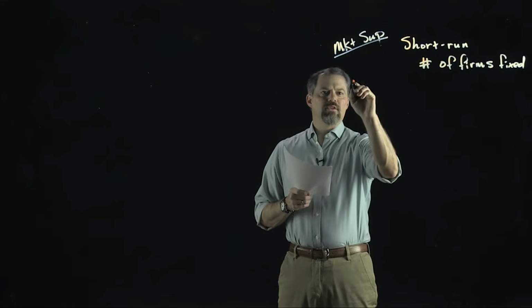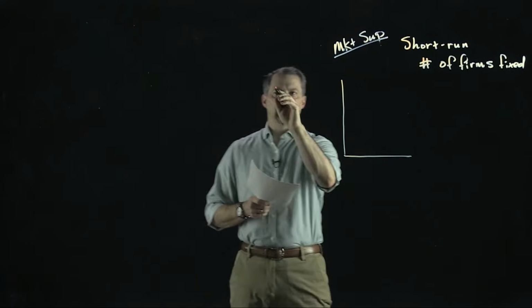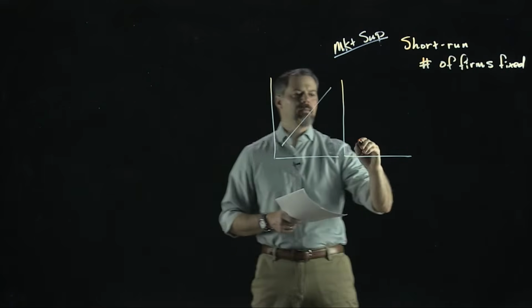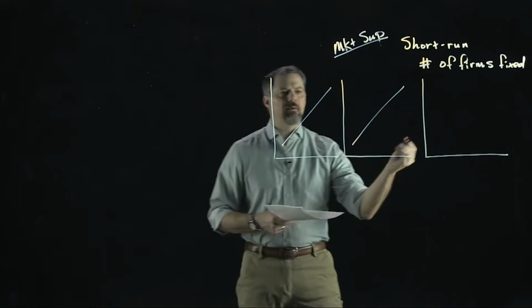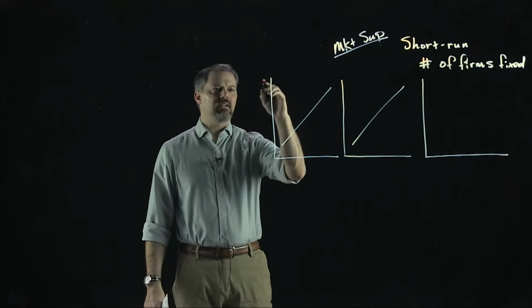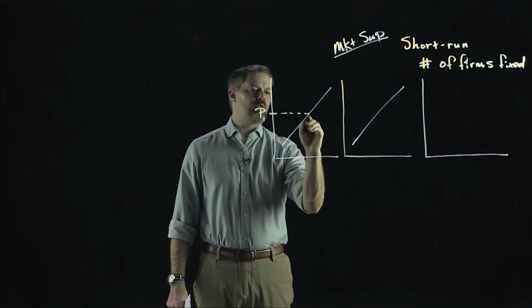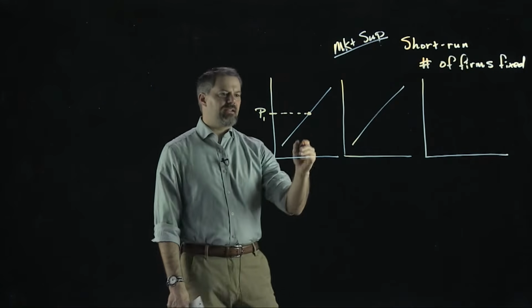And so if you think back to when we were looking at, let's put a supply curve over here. Let's suppose we have two firms. Here's a firm, here's a firm. And then if we were going to think about the market supply curve, what we did is we picked a price, like say P1. We went over and we looked at how much this firm wanted to supply at that price.